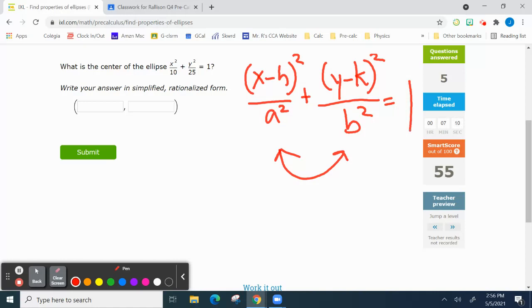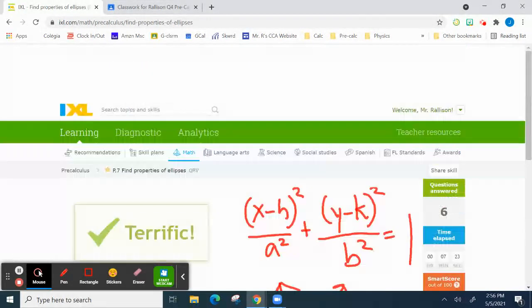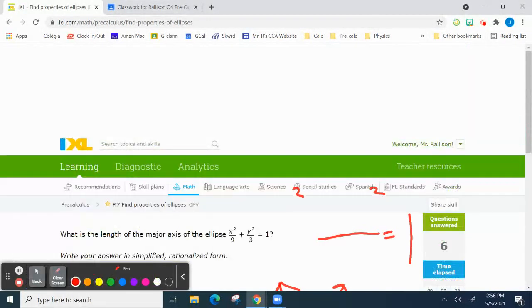And so we look at the numbers and the places of the h and the k, remembering that they both have a minus sign in the equation, so that's just 0, 0. Right? Okay.